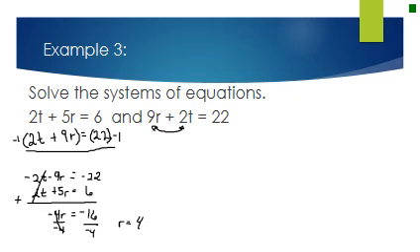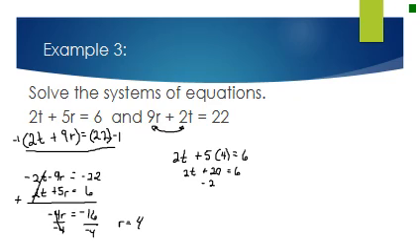Okay, plug it into one of the other equations. Let's go ahead and use the first one. So that gives me 2 times t plus 5 times, instead of r, I'm going to put 4 because we know that 4 is the r, equals 6. So that gives me 2t plus 20 equals 6.